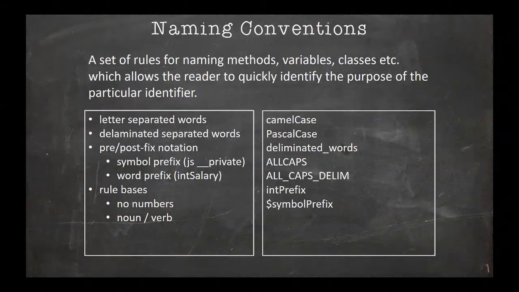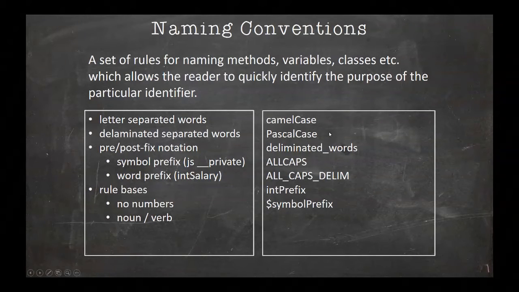So when doing these things, you often don't have spaces in your variable names for a language. So we've got to figure out how to do multi-word variables. A typical way is letter-separated words, such as camel case. And that means that the first letter of each subsequent word, that's not the first, is capitalized.